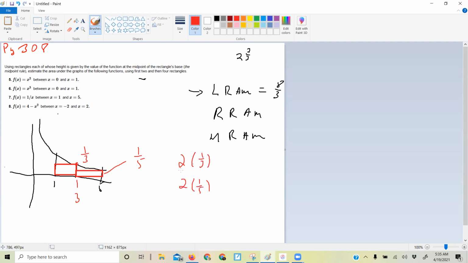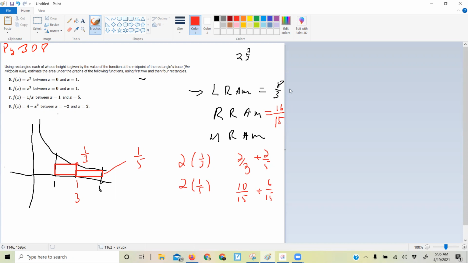Well, that's 2/3 plus 2/5. You've got to get common denominators. So that's 10/15 plus 6/15, which is 16/15. So a little over 1, whereas this was a little over 2.